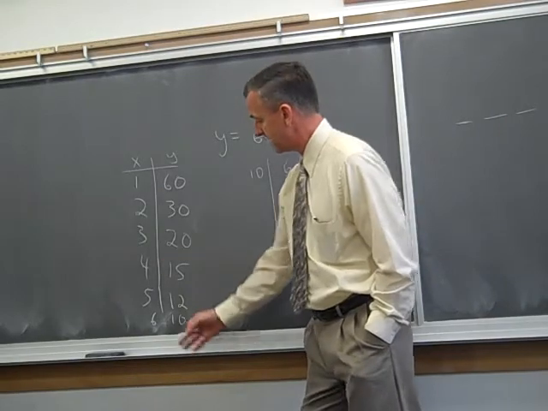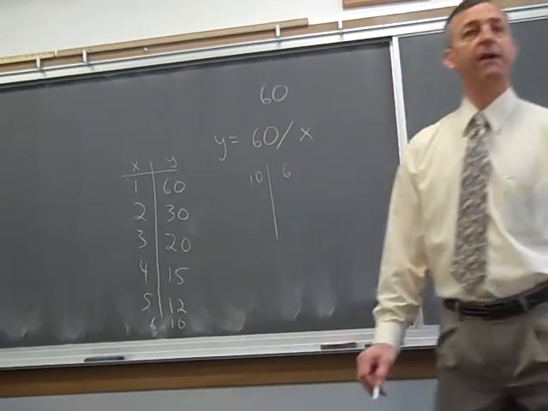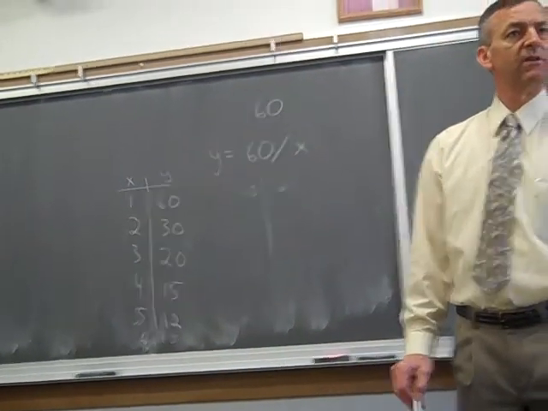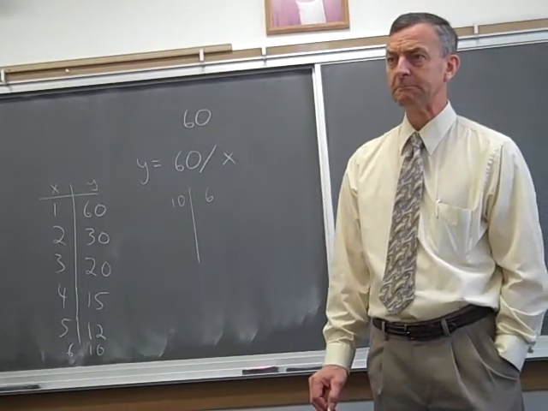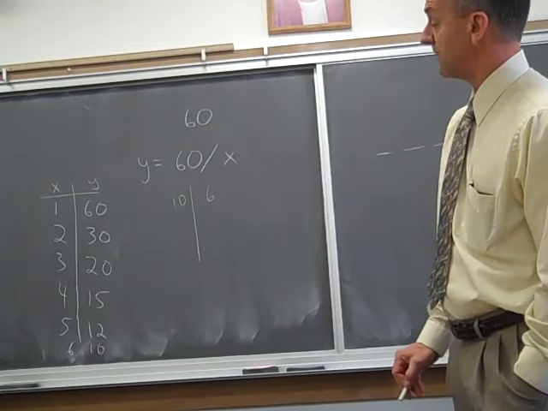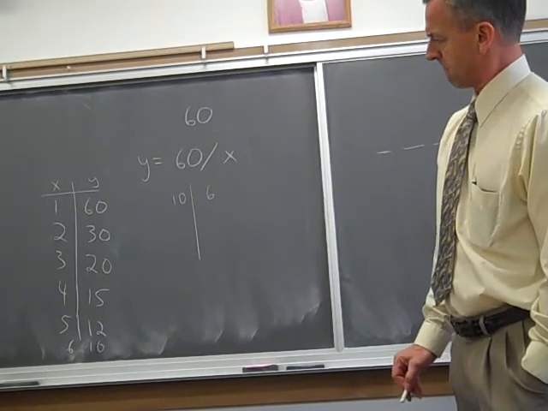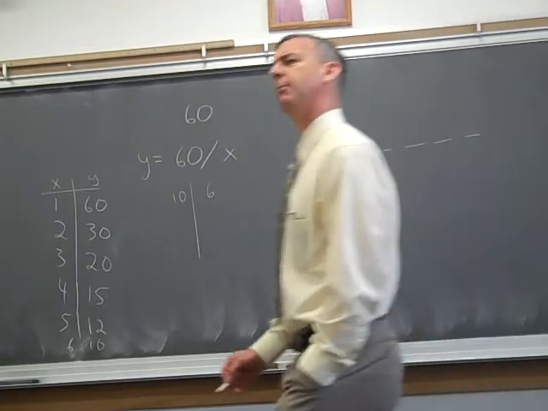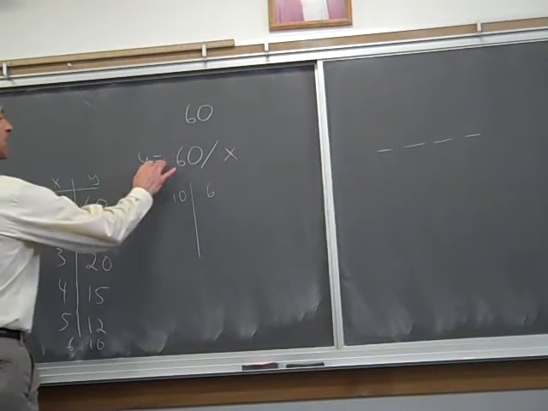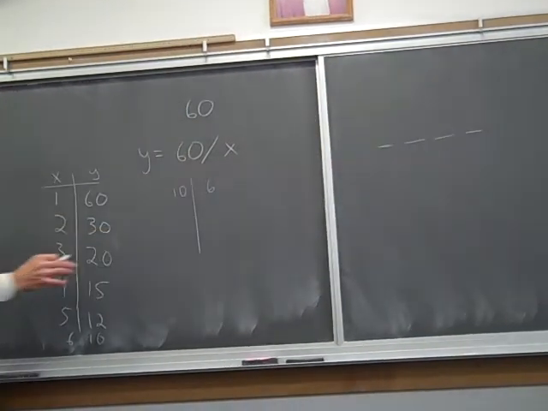So guess what? There's all the factors of 60. That's pretty cool, isn't it? Pretty cool way to find them if you've got the technology. What would happen if I put 36? Y equals 36 divided by x.